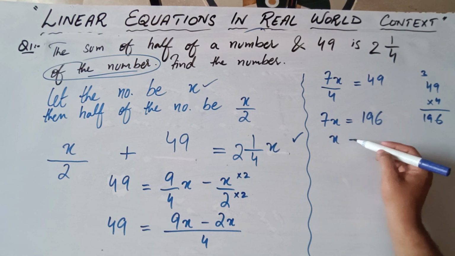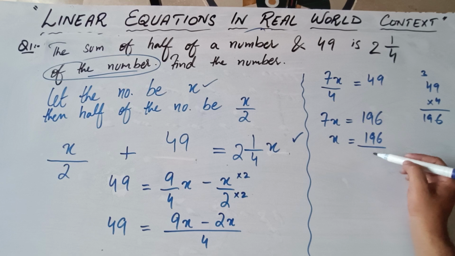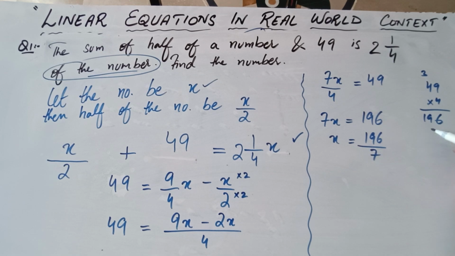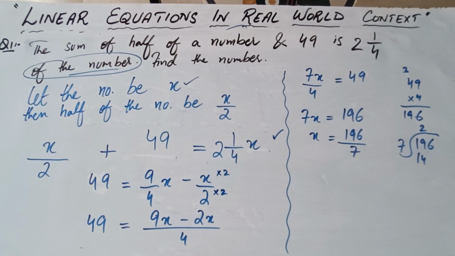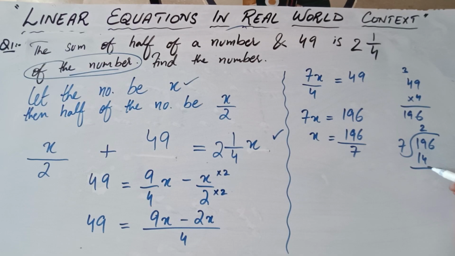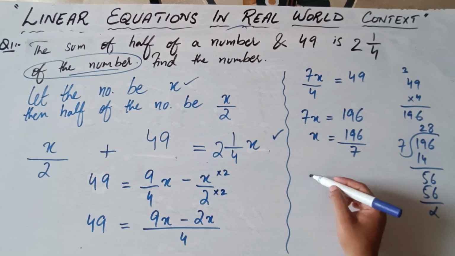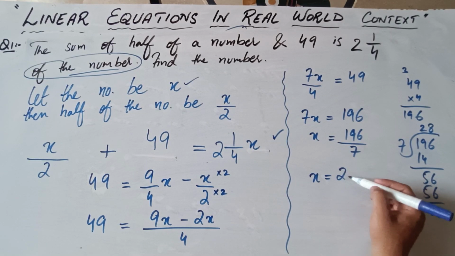Now x is equal to 196 divided by 7. 7 times 2 is 14, so 5 is left. 7 times 8 is 56. Means x is equal to 28.